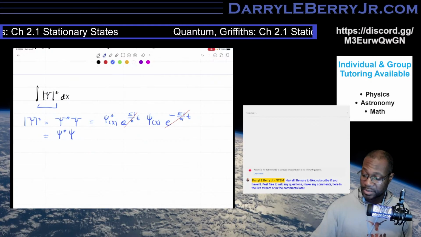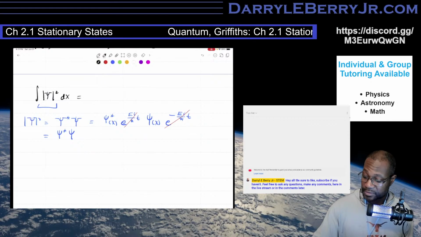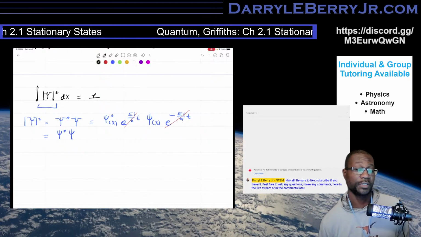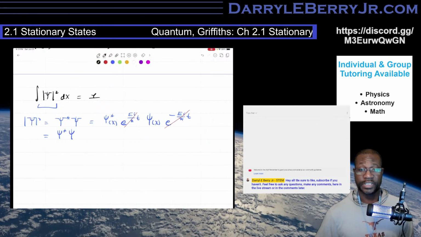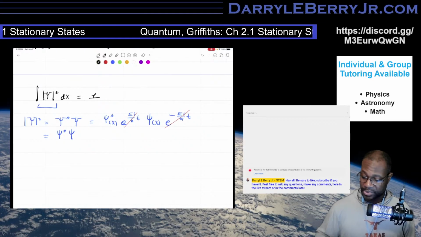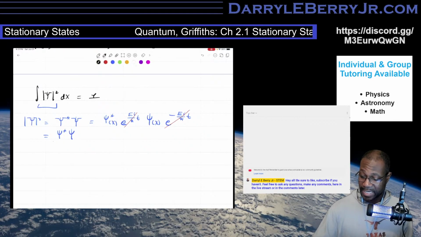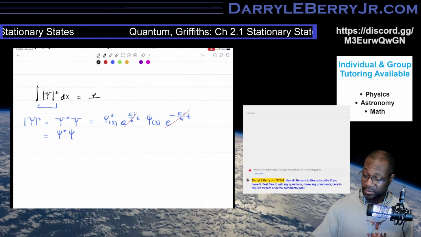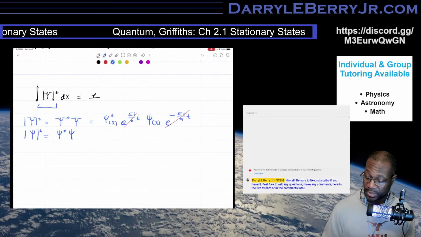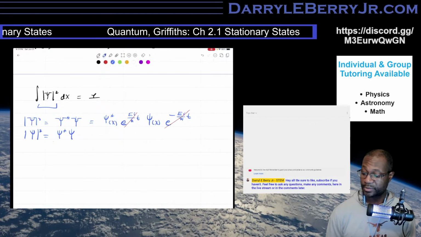So what this means is, if we take the normalization of the full psi of x and t, then we also take the normalization of little psi, because they end up being the same after the complex conjugate makes the time component disappear.